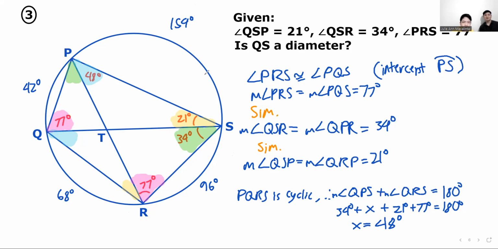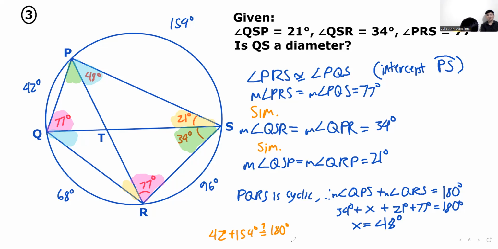So to check if QS is a diameter, there are two ways. First, arc QPS, or any arc QS, minor or major, must be 180, because there isn't any minor or major for a 180-degree angle. Is 42 plus 154 equal to 180?